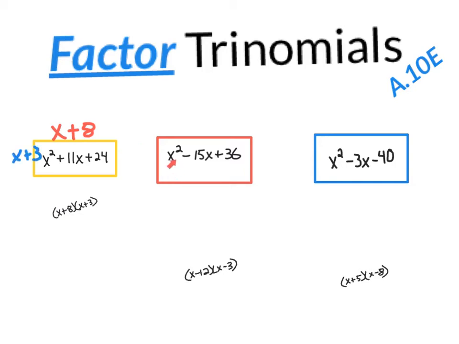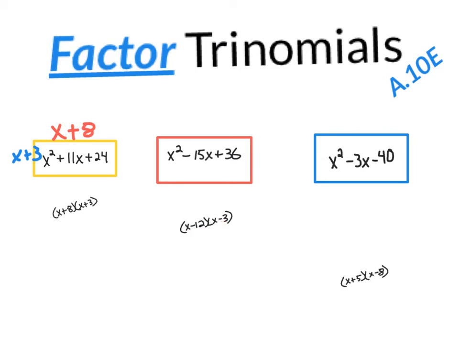If we take a look at this one, again we have a trinomial, x squared minus 15x plus 36. If that represented the area of this rectangle, then we would want to find the factors of this trinomial to determine the length and the width. I will tell you that the answer is x minus 12 and x minus 3.